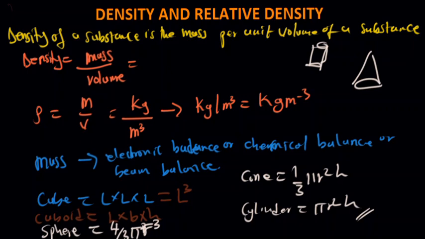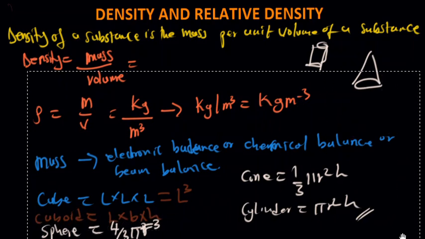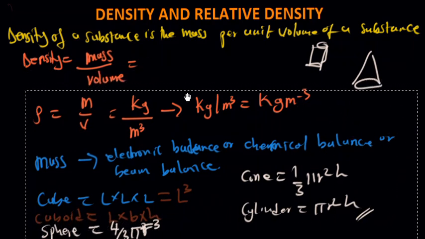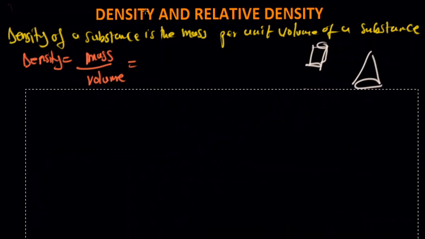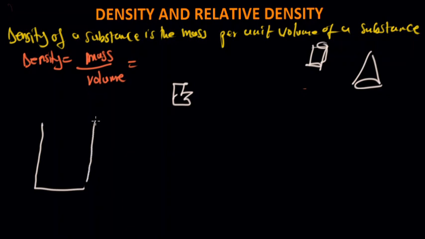Before you get the volume of an irregular solid, if you are using a measuring cylinder, it always comes in this form. It has a graduation or calibration along the vertical height.